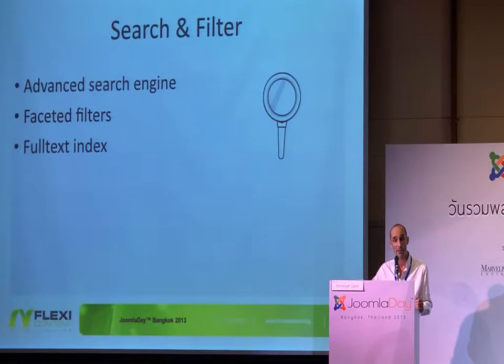So each filter can have different displays. That means, for example, you have a date field, okay, with a date. You can, for example, choose to compare it for a date range between this date and this date.